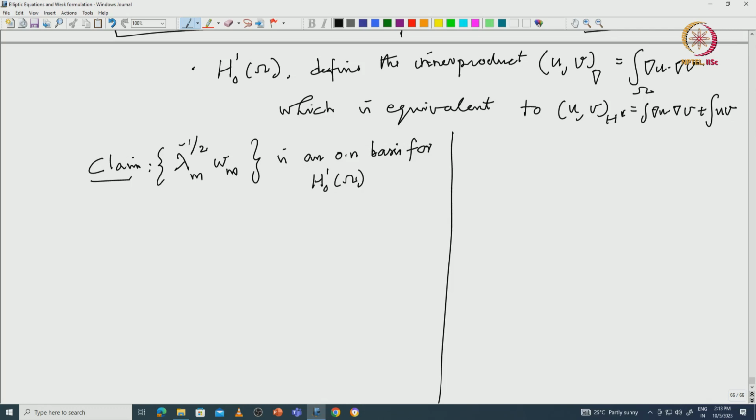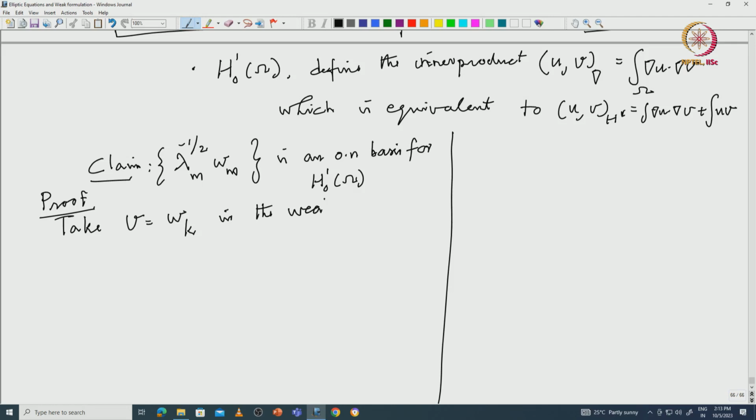So let us compute. Recall the weak formulation, and take v equal to Wk. Let us see the proof. It is a very simple, nice, cute proof. So take Wk in the weak formulation.